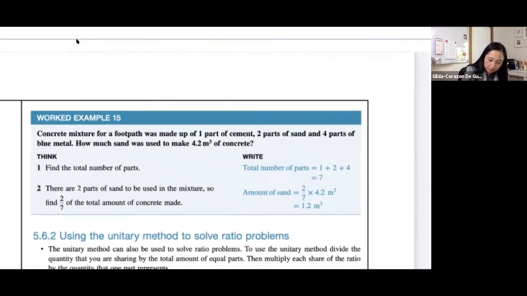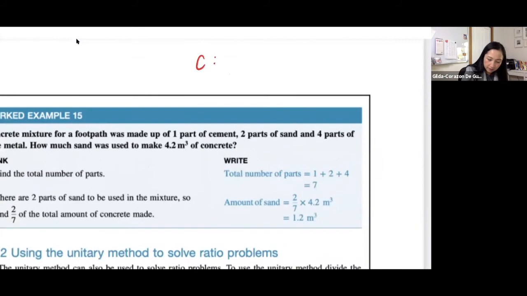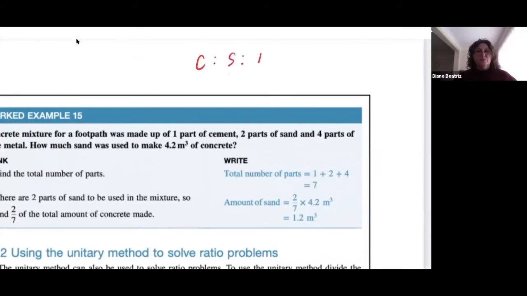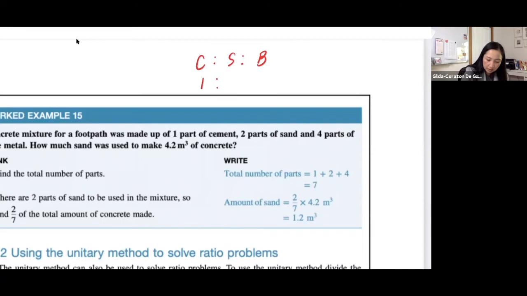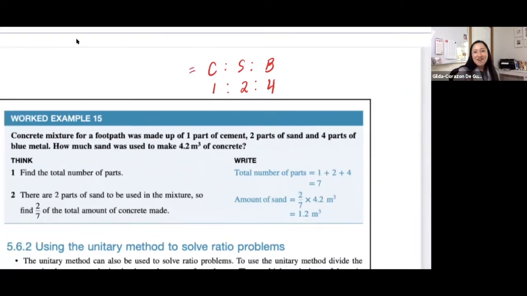You've got the cement, the sand, and that blue metal there, and you can actually just write what the ratios or parts are. So you can say that's 1 part to 2 parts to 4 parts, and now we've got a ratio of 3 terms.